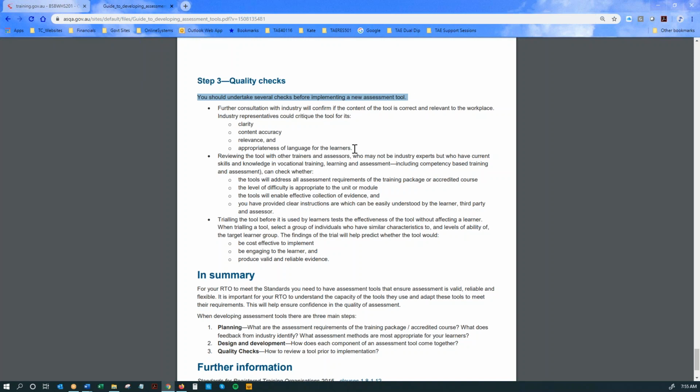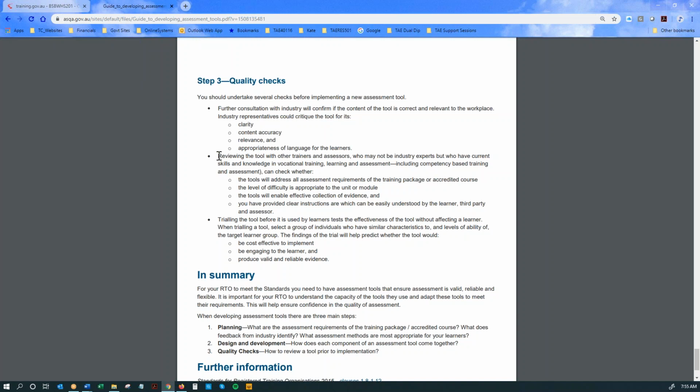Sometimes you would do a review with subject matter experts, so within industry, to make sure that it's really fit for purpose and relevant to the workplace that it's been designed for. So they as subject matter experts or industry should be able to read your assessment tool and know exactly what's going on. So what are the tasks you're getting someone to do, and do they happen for real in the real world?